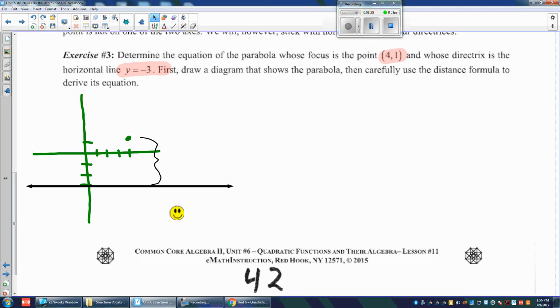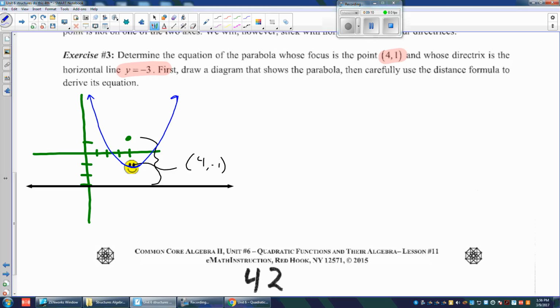Okay, so now half of that is 1, 2, right there. -1, that's the point. 1, 2, 3, 4, -1. The parabola is going to have a nice little bowl. And it's just a sketch.